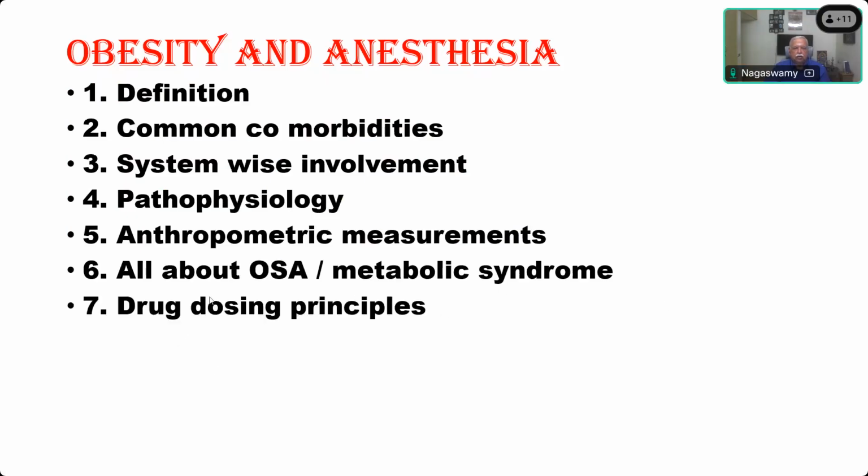All about OSA and metabolic syndrome is very important. And drug dosing principles is another thing the examiners are very fond of asking. How do you decide what dose to give, whether on total body weight, ideal body weight, or lean body weight? What is the basic criterion for deciding the dosage in an obese patient?